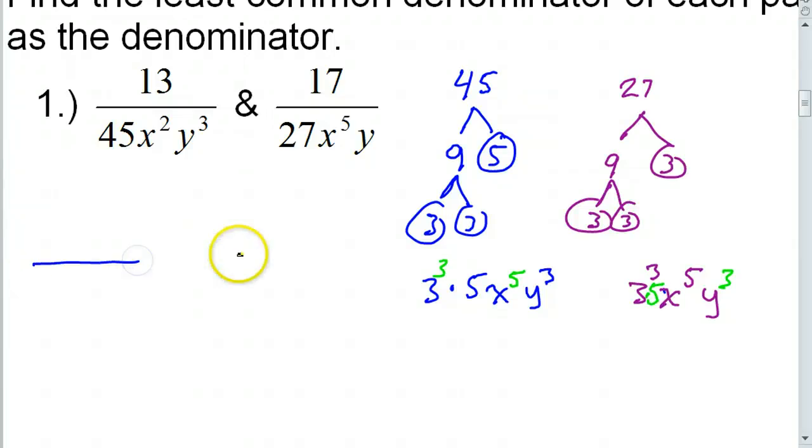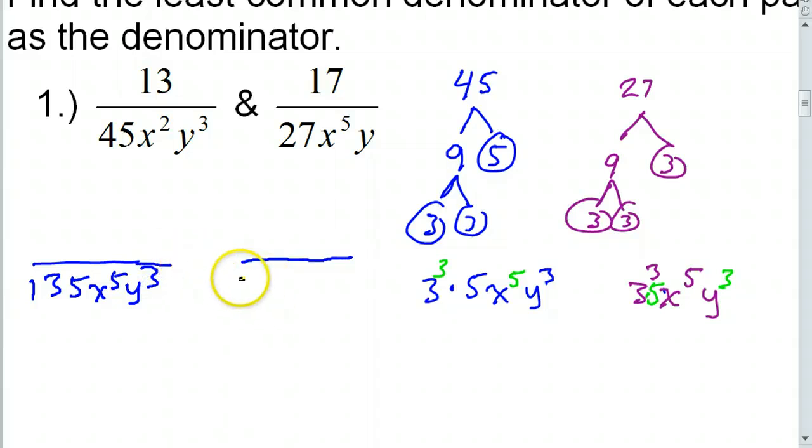I need to make both of these fractions have this denominator. So it's got to be 135 x to the fifth power y to the third power on both of them. I don't know how to make this symbol. 135 x to the fifth power y to the third power.